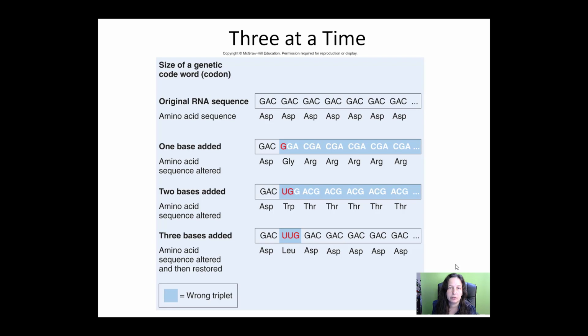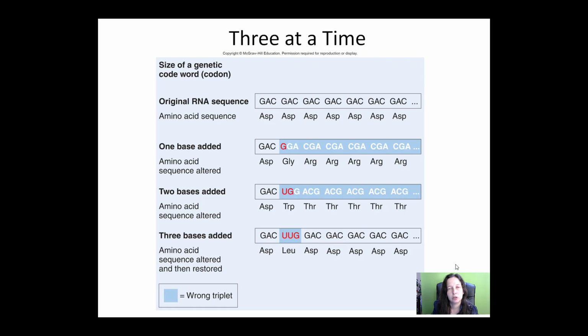An example from the upcoming test: if you have 3 patients who came to the hospital, they all have mutations in the same gene. One patient has a G insertion.